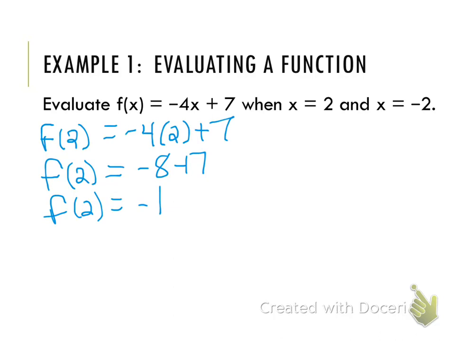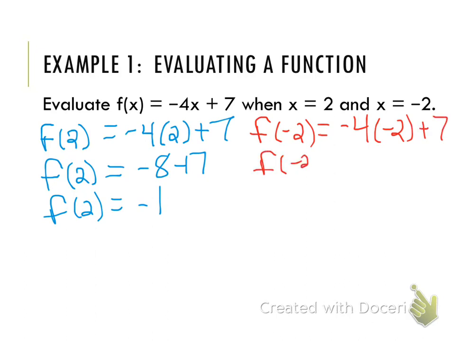Now let's go ahead and do f of negative 2. Now I just put a negative 2 in here. And again, I'm just subbing in negative 2 for my x. So negative 4 times negative 2 plus 7. Let's figure out our math here. We just rewrite that f of negative 2.